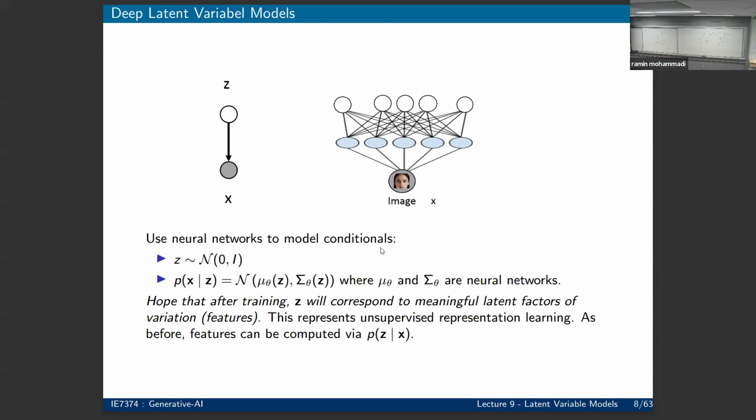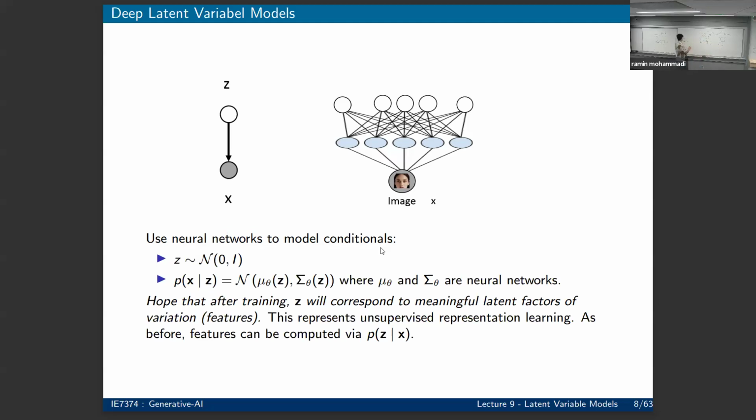Then you want to answer this question. Imagine you are trying to create a pixel and you want to see what's the best pixel that I could put here. You're basically answering this question: what's the probability of this pixel being, I don't know, black, given I have this mean and this covariance?